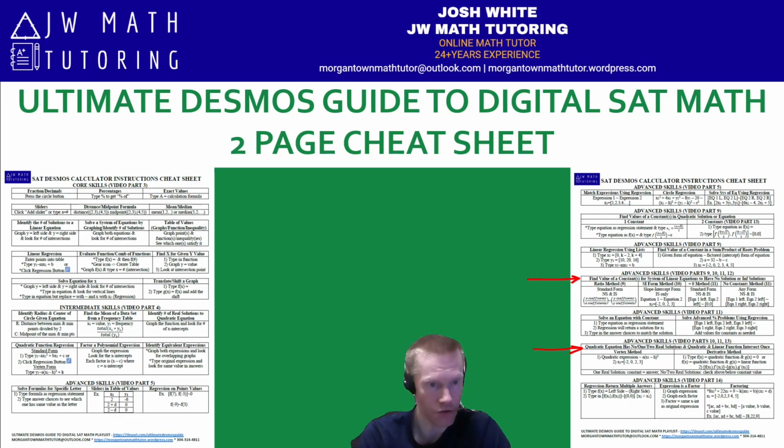So for example, under solve an equation for x over here on the left, notice there's three different things here, right? You can graph y equals left side and y equals right side and look where they intersect. Or you can just type in the full equation and look for the vertical lines. Or you can type in the equation but turn it into a regression statement and replace all the x's with x1s, with the subscript.